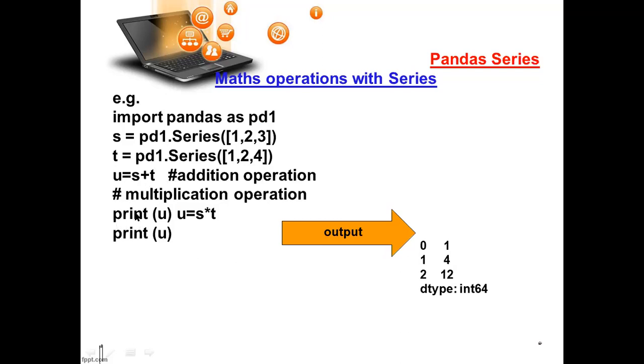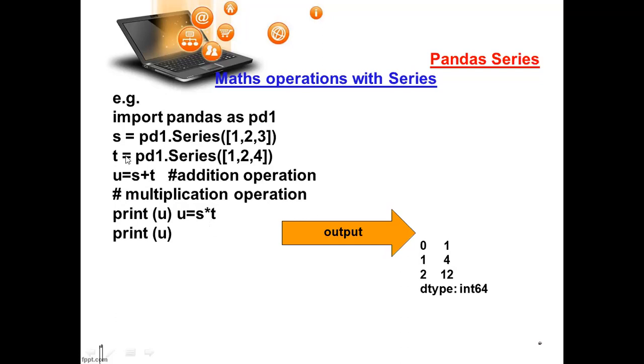Now this is another for multiplication. And u equal s into t. What is u? This is another variable which is for calculation, s into t. s is holding the first series and t is holding the second series.